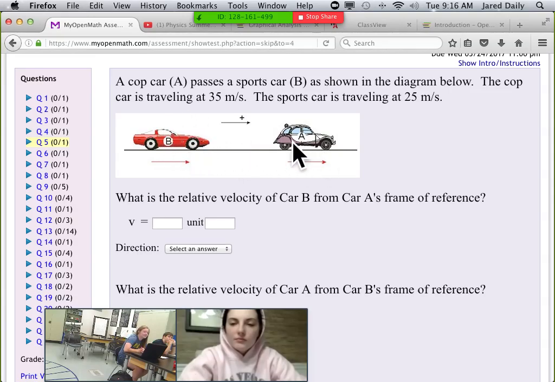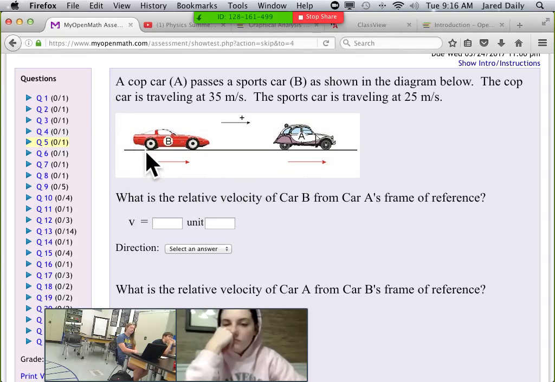What speed would it be moving relative to car B if it was driving on top of it? So this is kind of like the backwards problem from the airplane. From the airplane, the person was actually walking on the plane, and we were seeing his speed inside the plane, and we were seeing the plane speed. But in this problem, we're seeing both the speed of the person inside the plane, which would be car A, and the plane, which would be car B, from the external reference point, because both of these speeds are from the external.